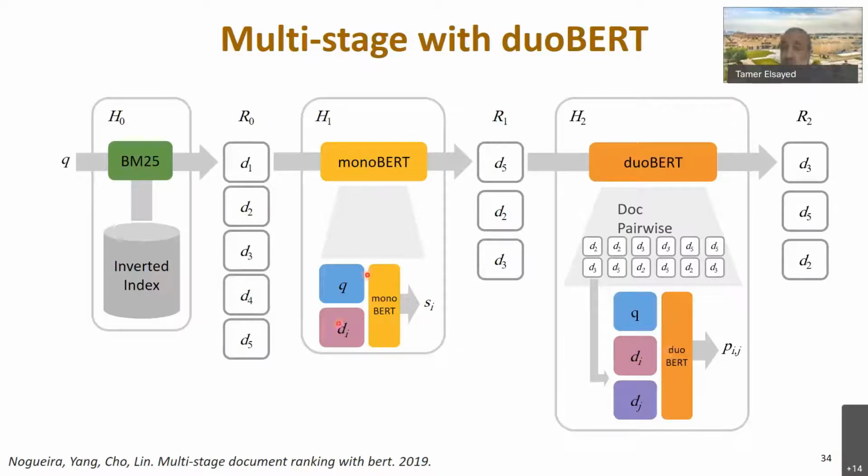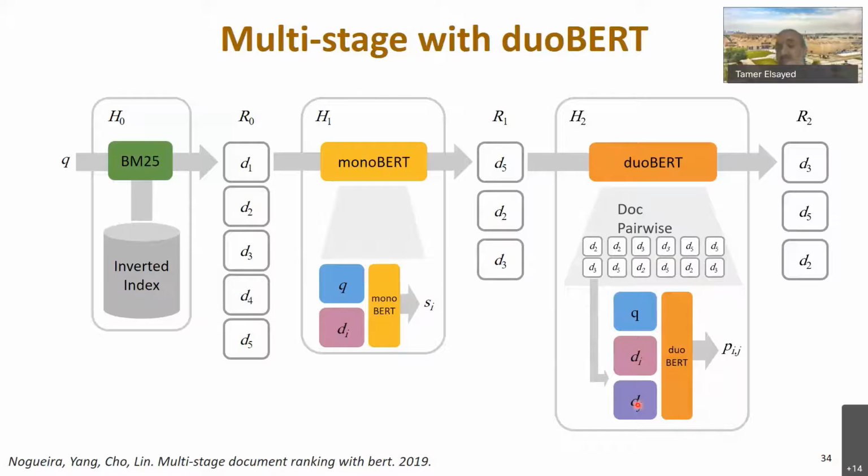If you remember, we called monoBERT pointwise learning to rank. This is now pairwise, as you will see. duoBERT takes two documents and the query and produces a score that can be considered the probability that the first one is more relevant than the second one.